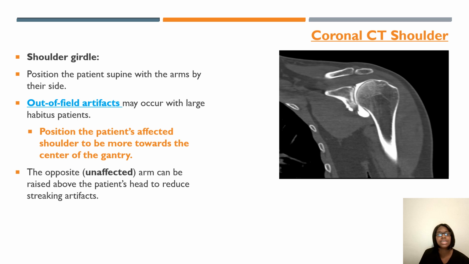For the unaffected side, just move them a little bit closer to the outside or the side of the machine while they're in the gantry area. And this is because of artifacts. If the opposite side is too close to their body, this can create artifacts, especially if they have a large body habitus.